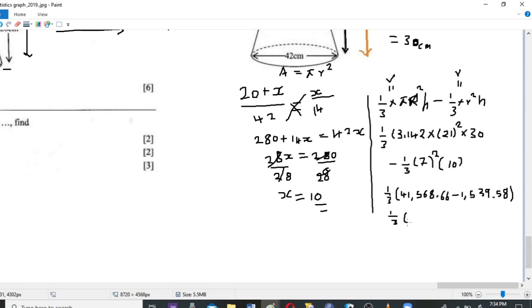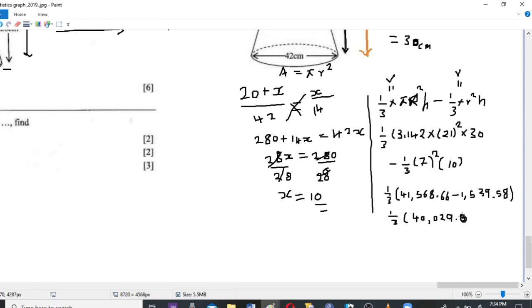Now if you use your calculator and try to find the answer, as long as you use the correct procedure, the one I've used, you should be able to get the same answer that I have gotten.